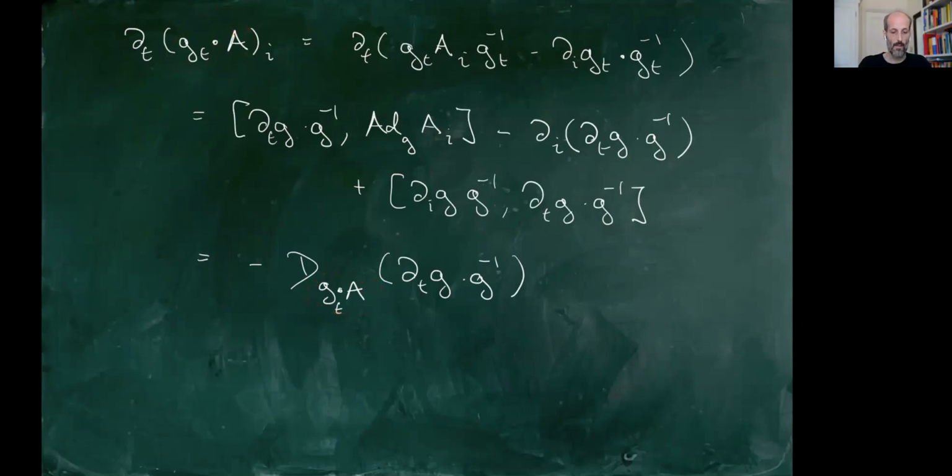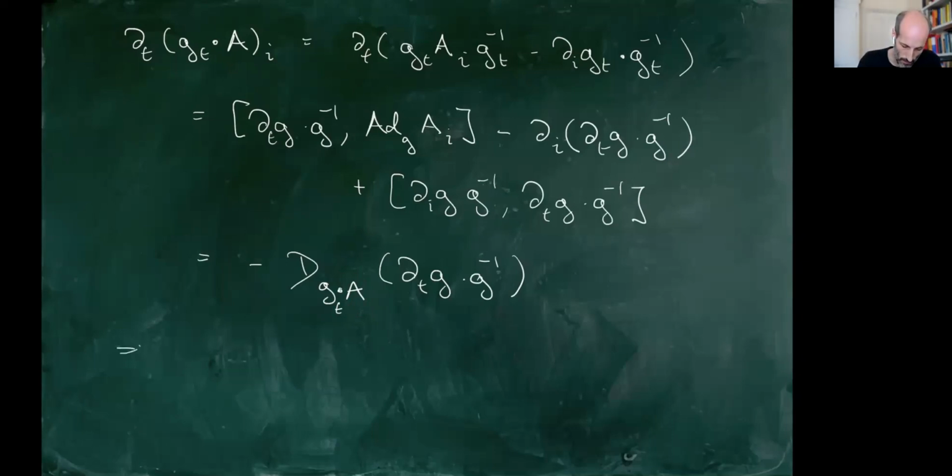So what we see is that the tangent space of the gauge orbit at some point consists precisely of all the one forms that are obtained as covariant derivatives of a zero form, in the direction of the covariant derivative with respect to the connection which corresponds to the point where I am on the gauge orbit.